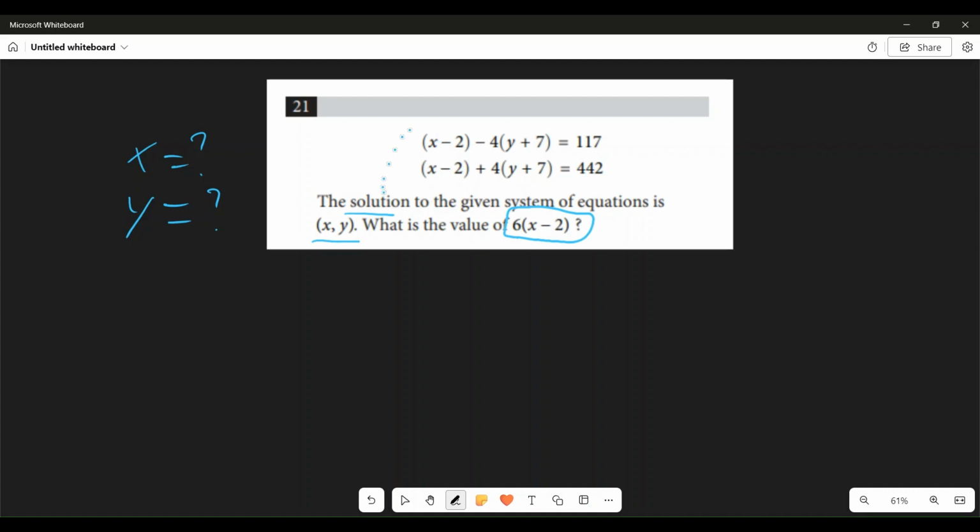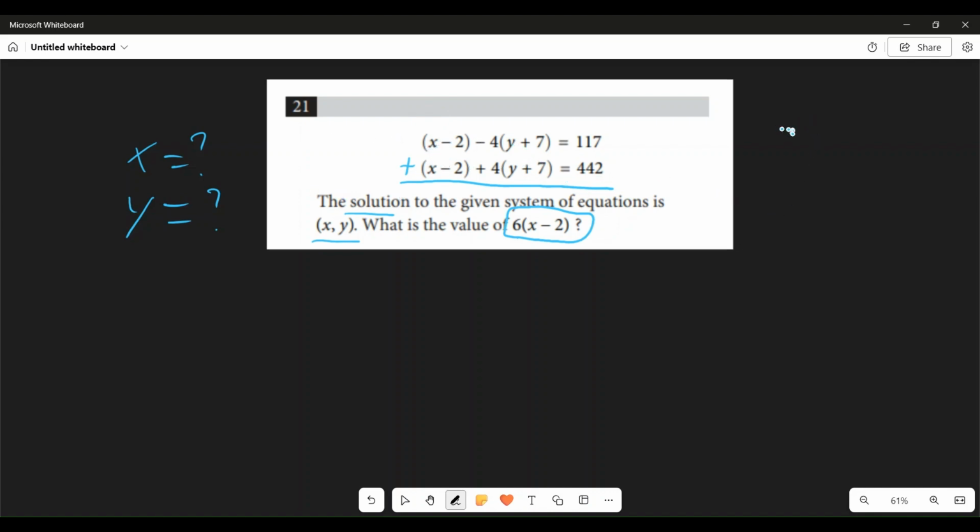So the fastest method I could think of is actually summing the equations. That's a valid method as well. When you have two equations, you can add them up, usually in a way that eliminates one of the terms, one of the x or y terms, and then you are able to solve for the other term, right?